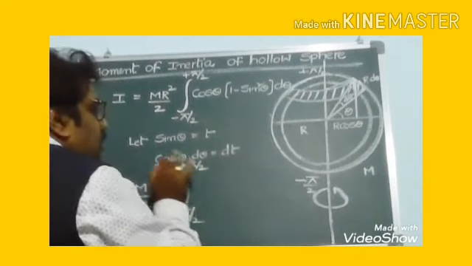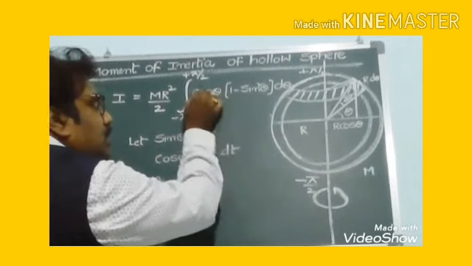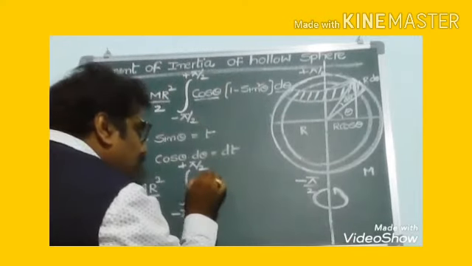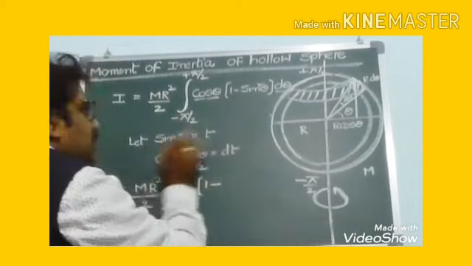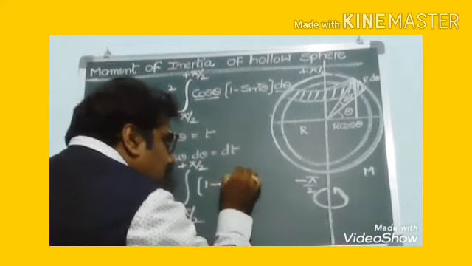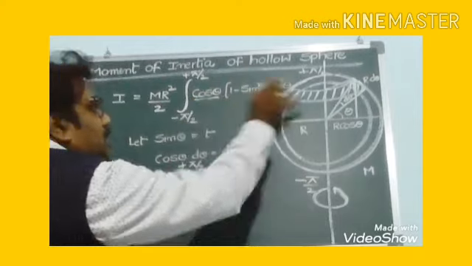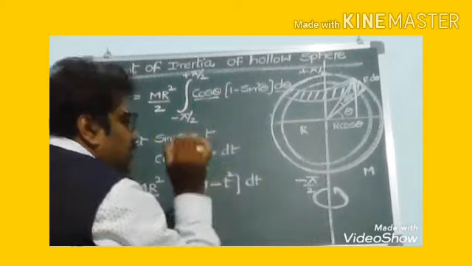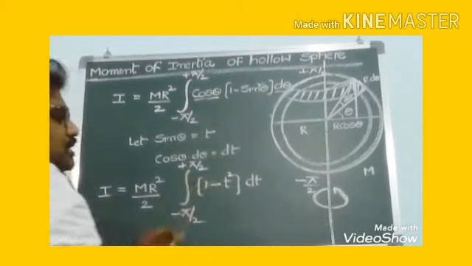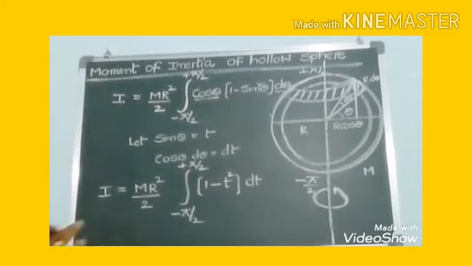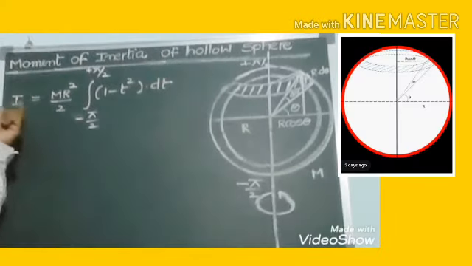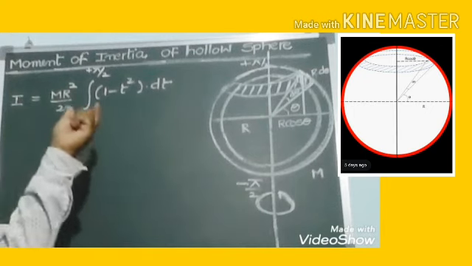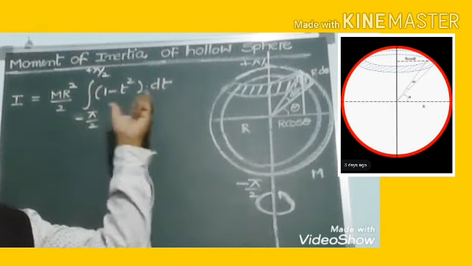Cos theta into d theta is nothing but dt, sin theta is t, so sin square theta is t square, so 1 minus t square into dt.